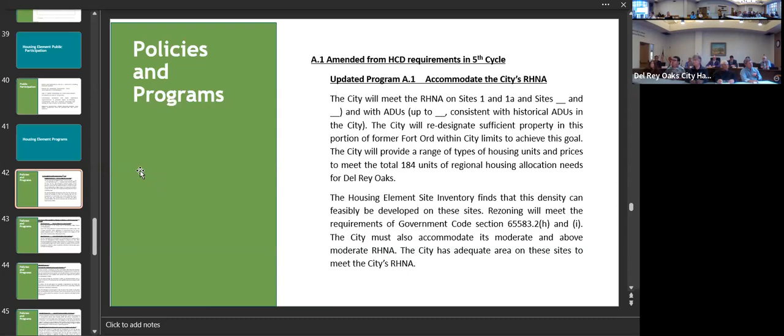But I think we have enough information, even if we only had sites 1 and 1A, which again are owned by the city, we would be able to meet the RENA with that. So we will further the discussion on the other 2 sites, assuming that is not contrary to the property owner's or the city's consideration.